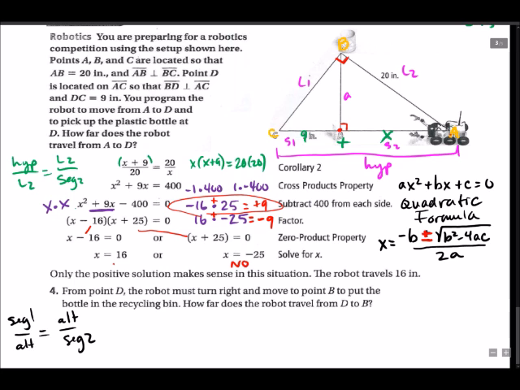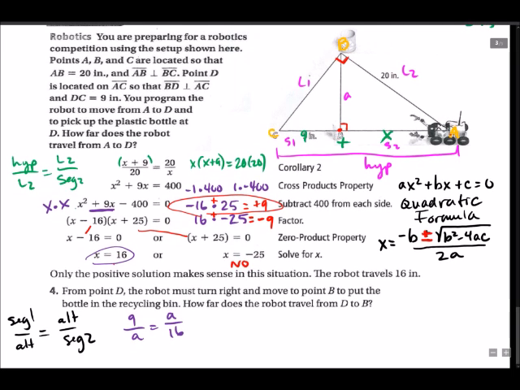So how does that come out? What's segment 1? 9 over, we don't know our altitude. Don't know our altitude. And what's the length of segment 2? We just found that, 16.